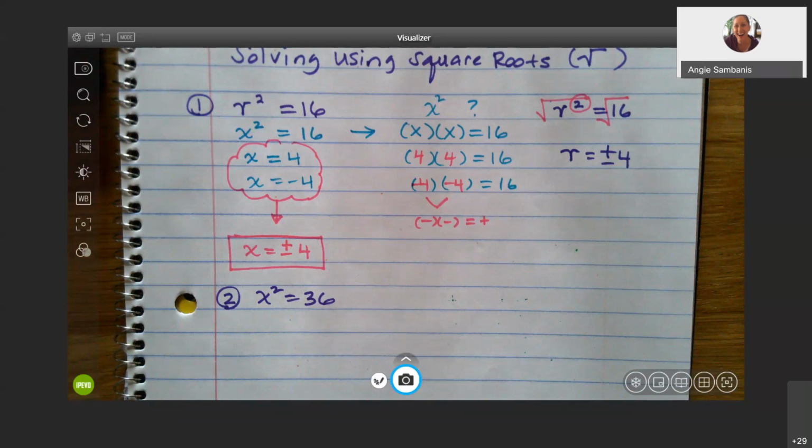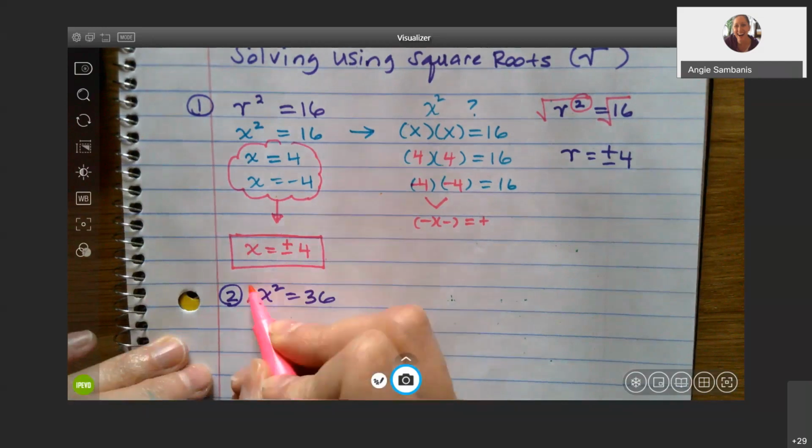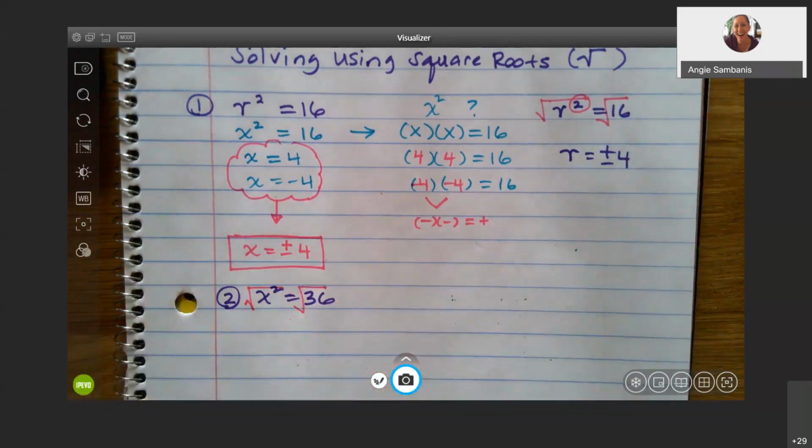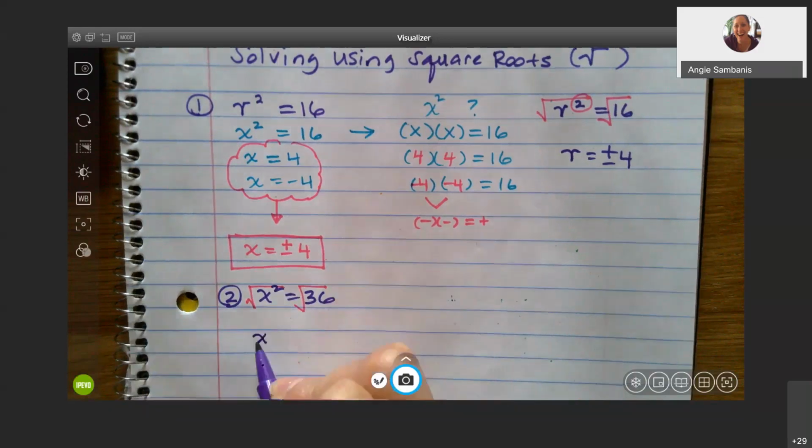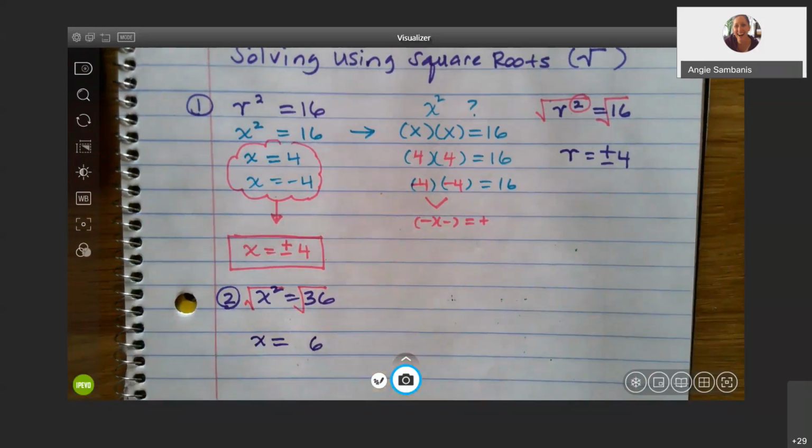Excellent. And we have two possible answers, right? We can use a calculator, we can take that square root, or we can think to ourselves, 6 times 6 is 36, so we're going to write 6, and then we use our positive and our negative.